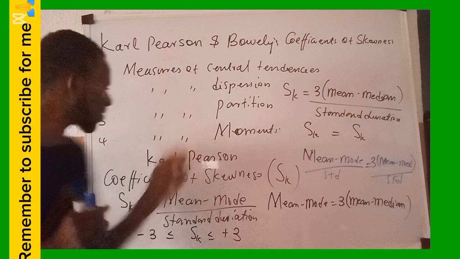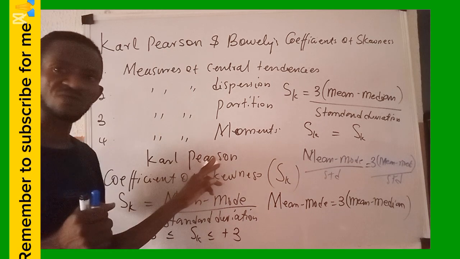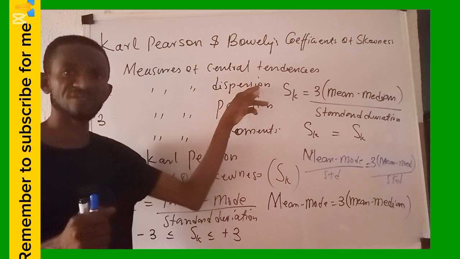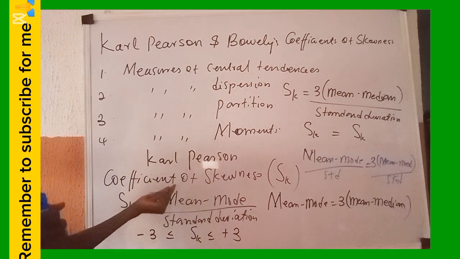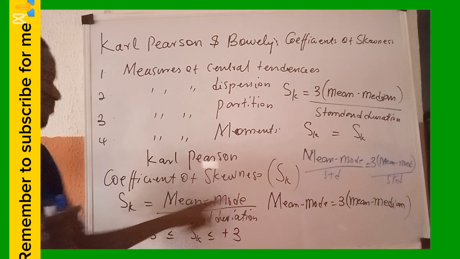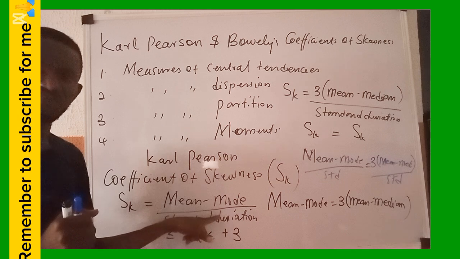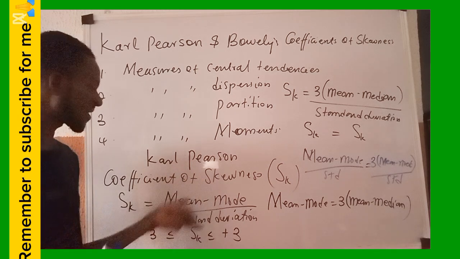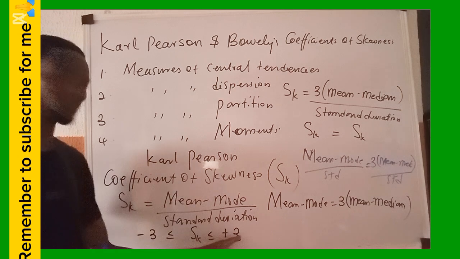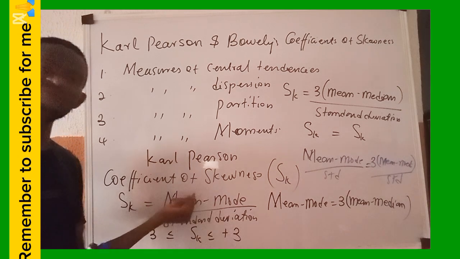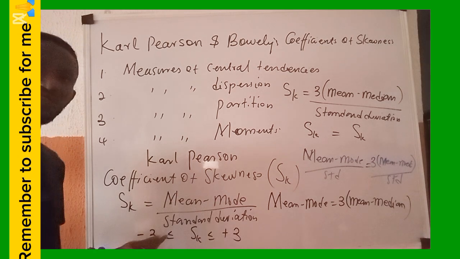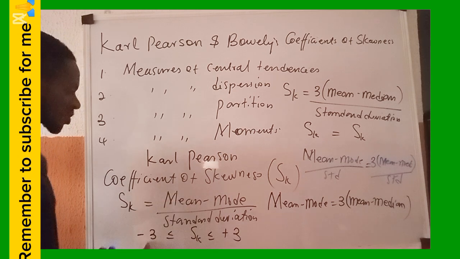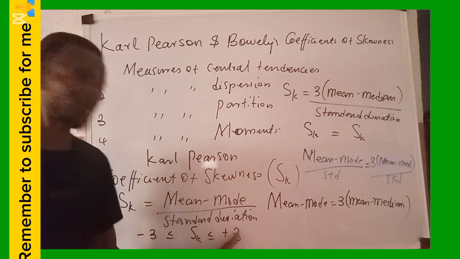But according to Karl Pearson, he is making use of measures of central tendency and dispersion. And then the formula is given as mean minus mode all over standard deviation, which he says that the highest value that this formula can have is +3. But the least value it can have is -3. So the range of this estimator lies between -3 and +3 inclusive.